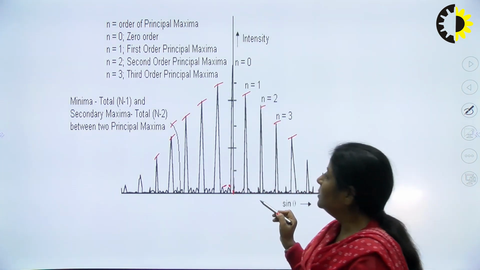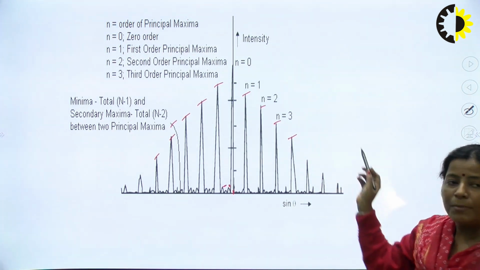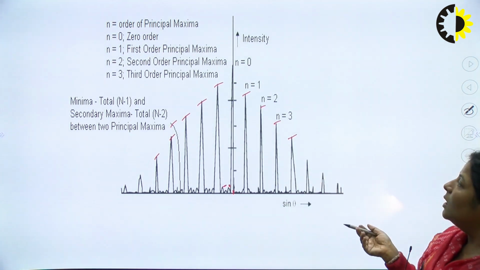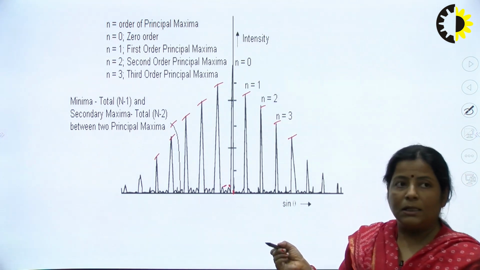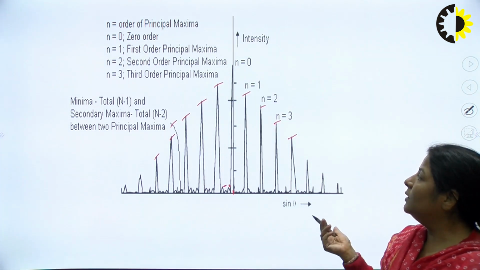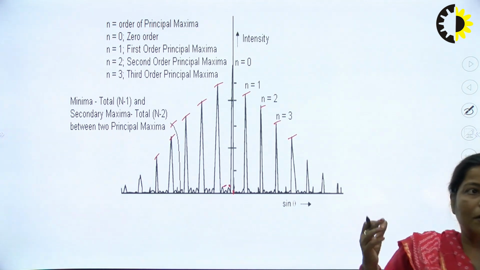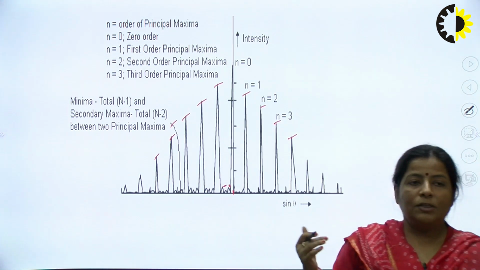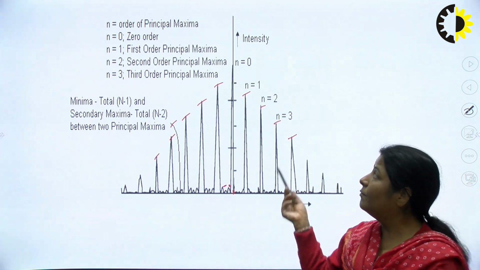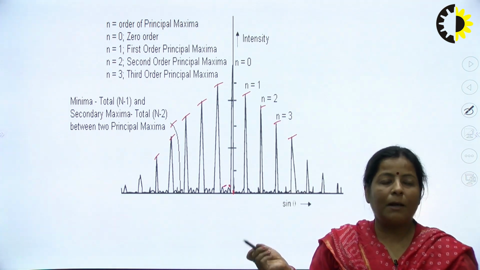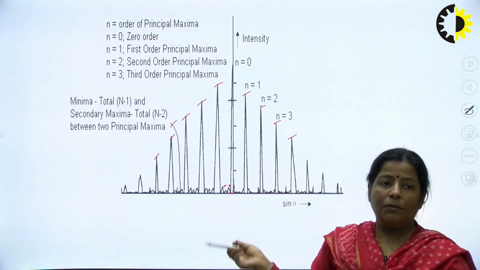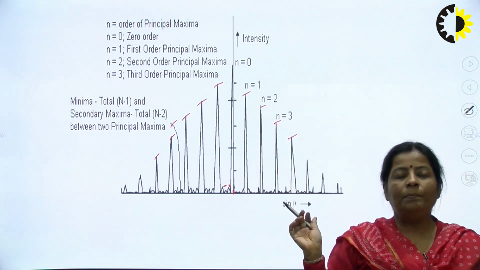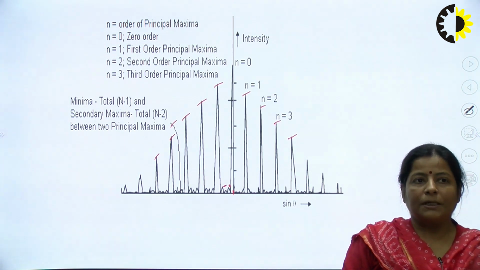This is how the intensity pattern appears when we see it experimentally. In this way we can first find these various positions in the diffraction pattern, principal maxima, minima and secondary maxima, and then identify these positions in the experimental pattern which is obtained.